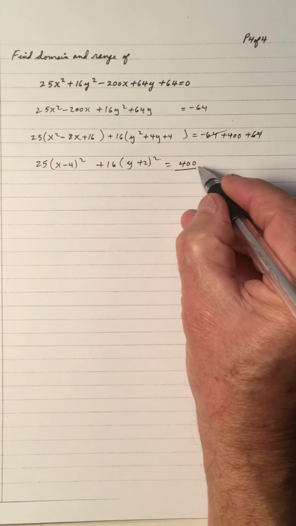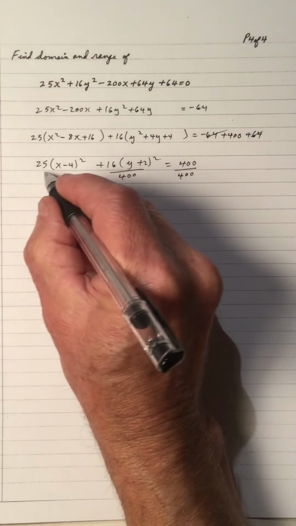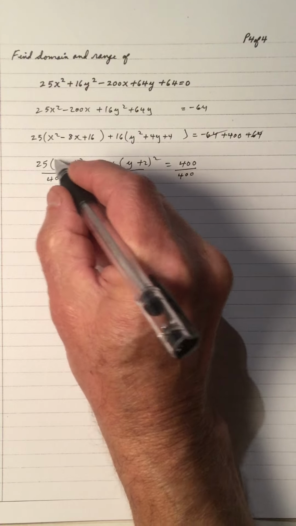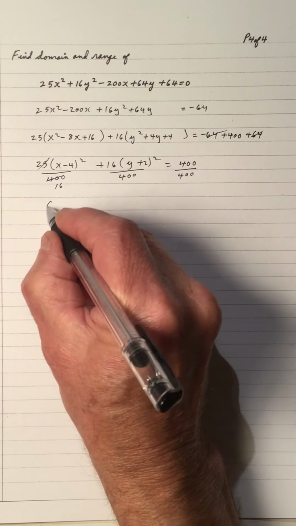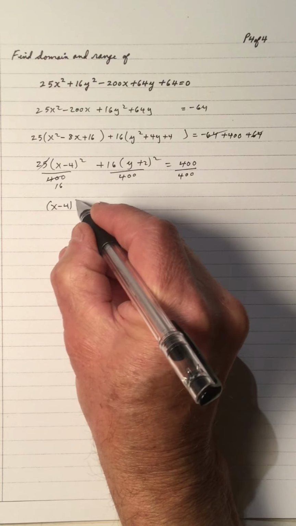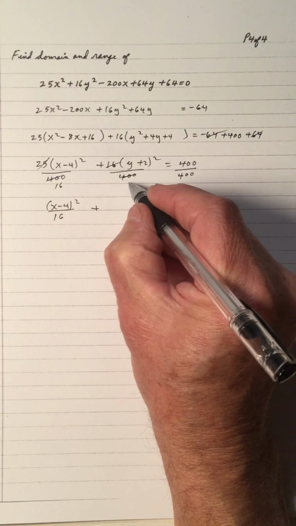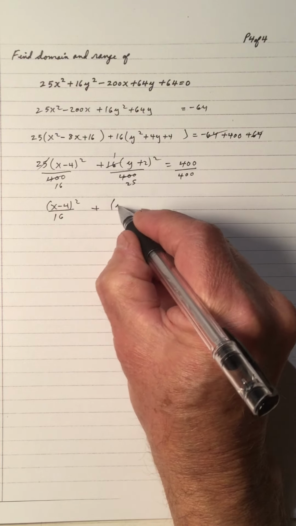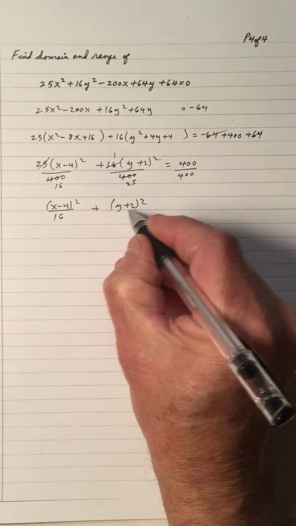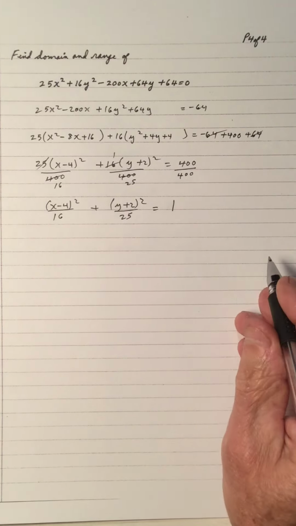We want the transformational form in order to graph, so we divide by 400. 25 into 400 goes 16, so this is x minus 4 squared over 16. 16 into 400 goes 25, so it's y plus 2 squared over 25. And we get a 1.